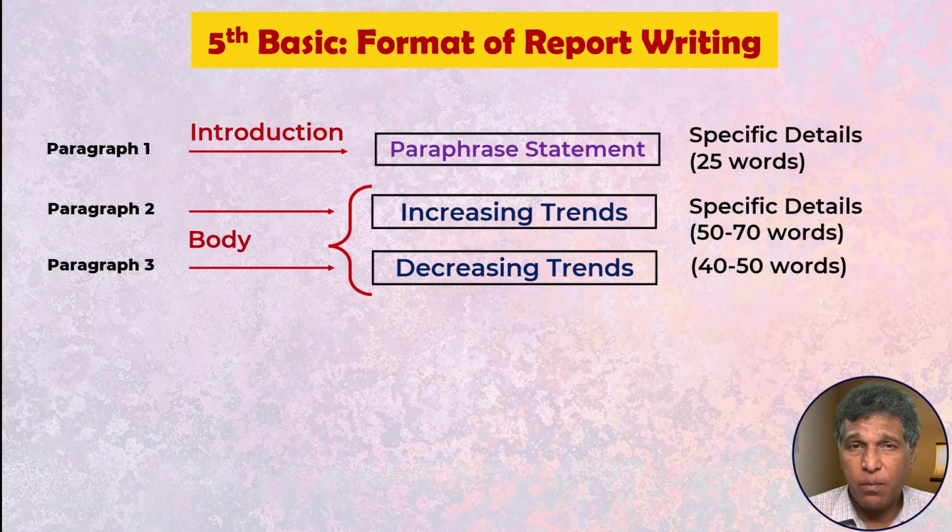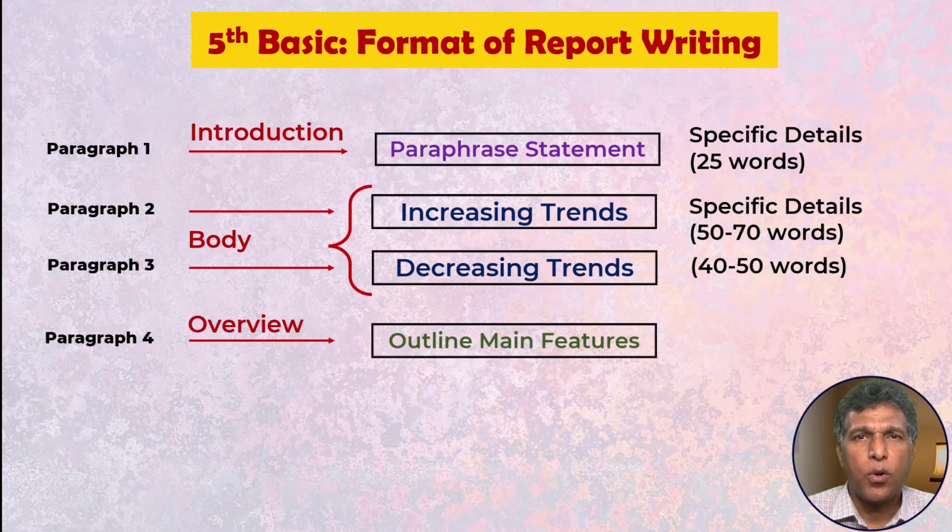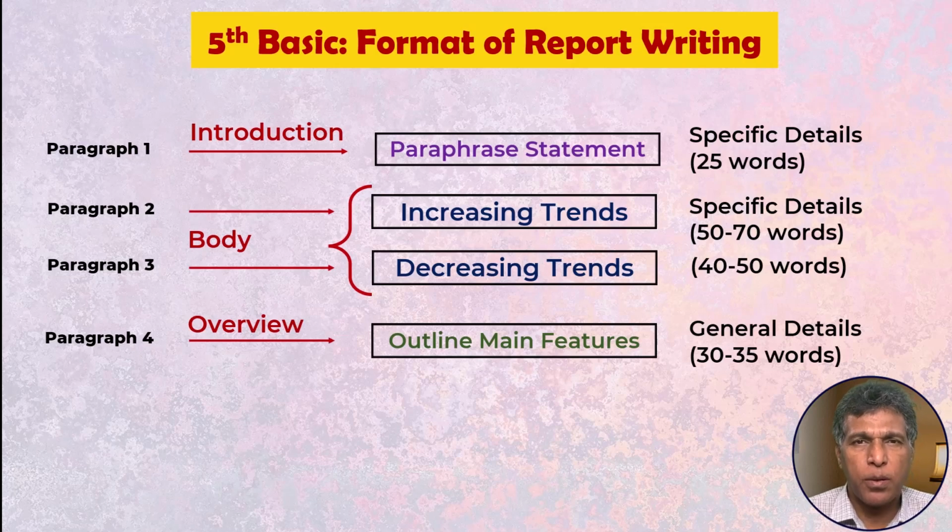The total should be about 150 words. You can go up to 160, 170, maybe 180, but not more. Don't overdo it. Paragraph number 4, the overview. Here you outline the main features. No y-axis numbers, no years, just the big picture.